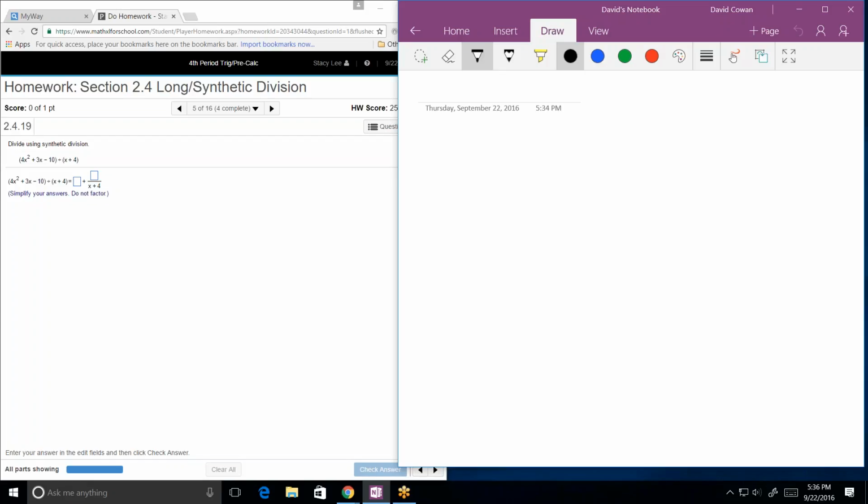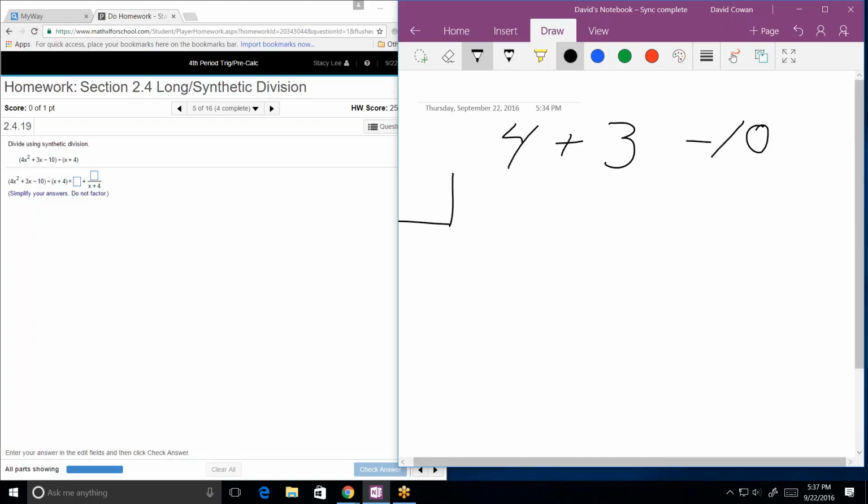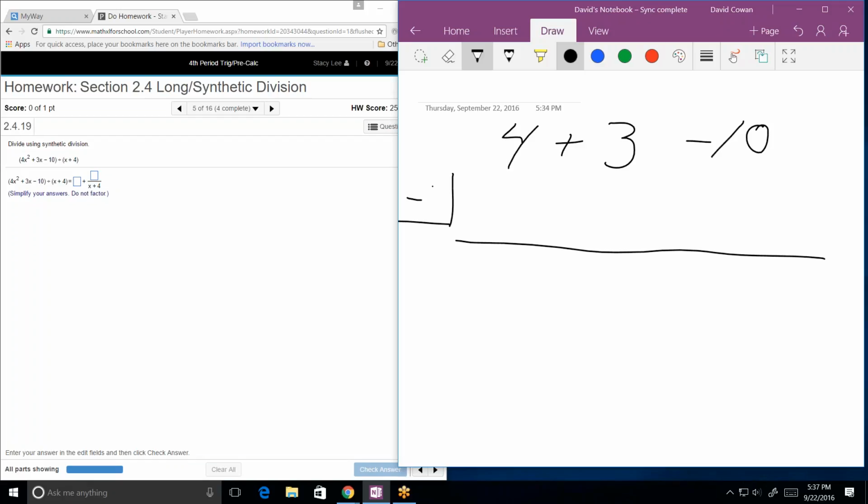Yeah, okay. So this problem here says divide using synthetic division, and it's 4x squared plus 3x minus 10, and I want to divide it by x plus 4. So what goes in my box? Negative 4. Okay.